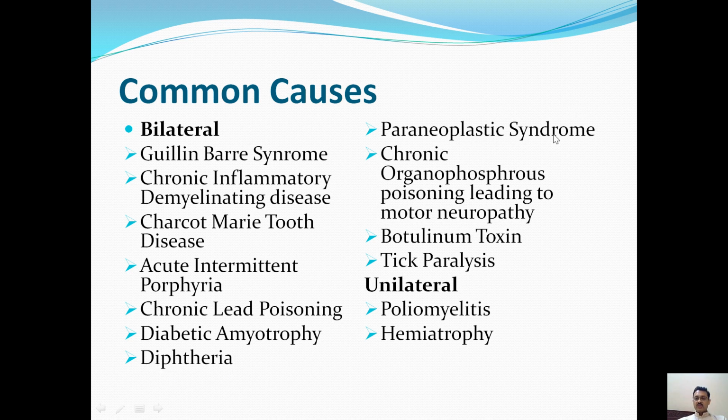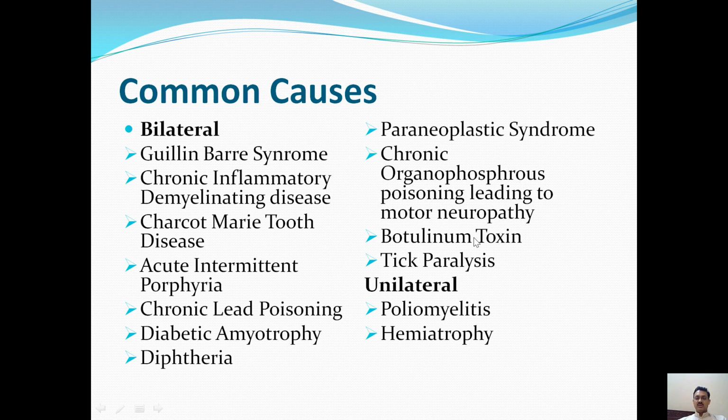Paraneoplastic syndromes: there is a tumor somewhere in the body, and as a result some antibodies are produced, and those antibodies cause weakness. Chronic organophosphorus poisoning may also lead to a motor type of neuropathy. Botulinum toxin: canned food used after a long period of time has Clostridium botulinum in it, which produces a toxin that may lead to weakness and neuromuscular junction blockage.